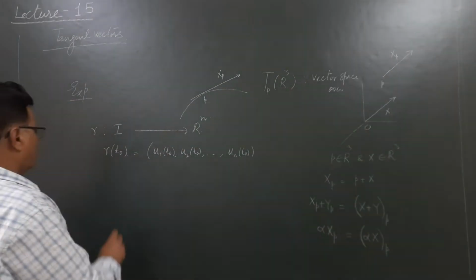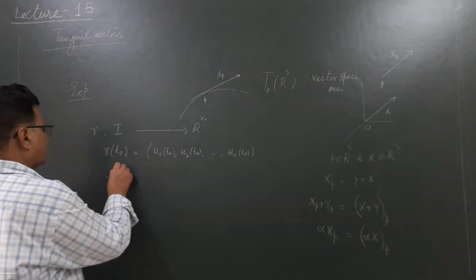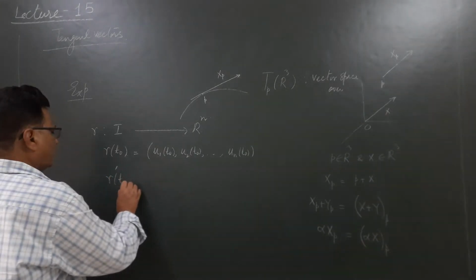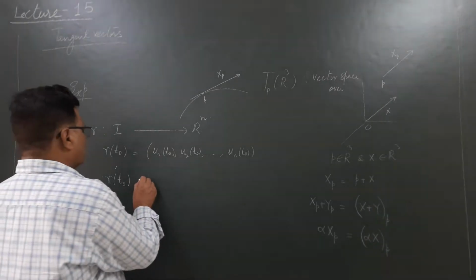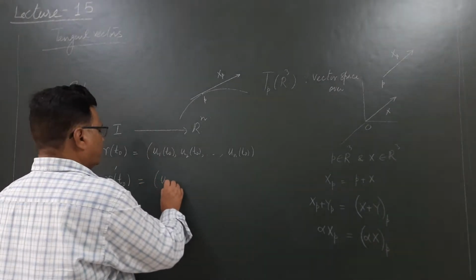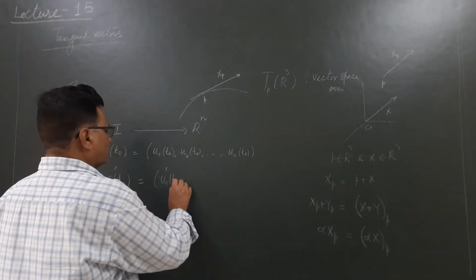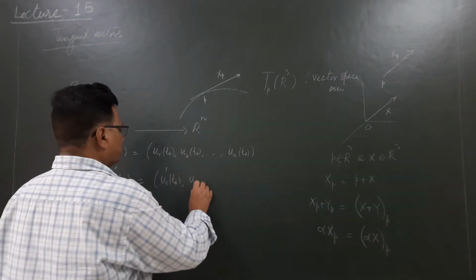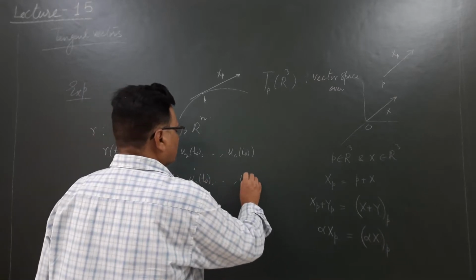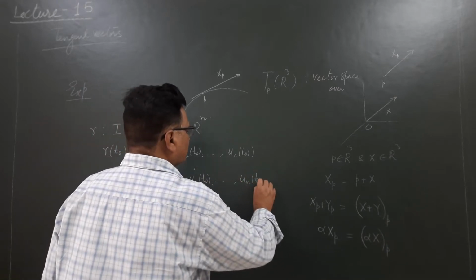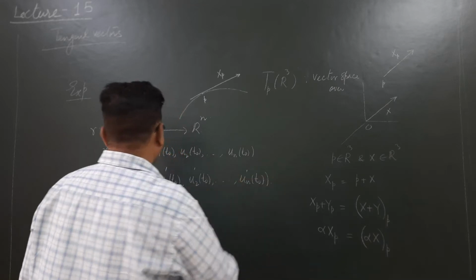Now, what you do, you differentiate this with respect to t and then consider its value at the point t naught. You know it comes out to be u1 dash t naught, u2 dash t naught, and so on, un dash t naught.